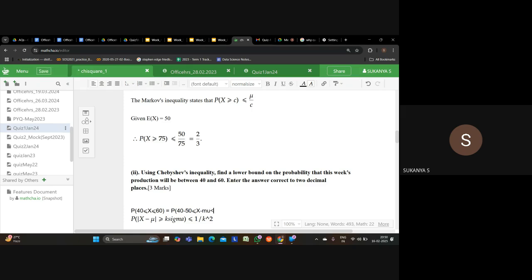X minus mu less than or equal to 60 minus 50. Now, how can you write this in modulus form? What is 40 minus 50? Minus 10 less than or equal to x minus mu, which is again less than or equal to 10. Now, how can we write this in modulus form?